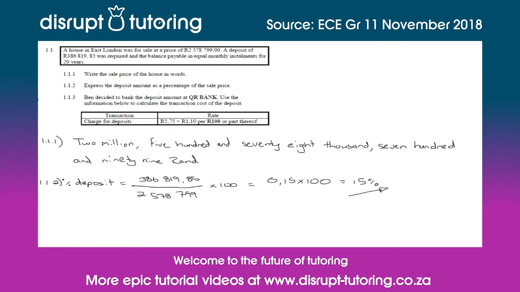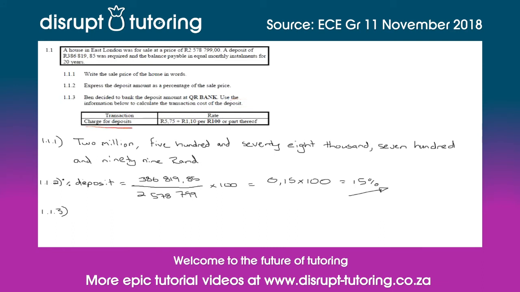And then finally on to 1.1.3. Ben decided to bank the deposit amount into QR Bank. Use the information below to calculate the transaction cost of the deposit.